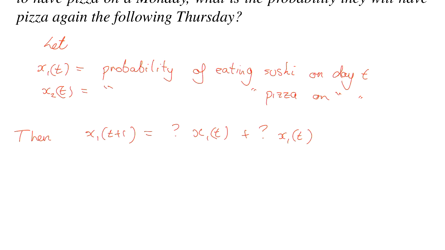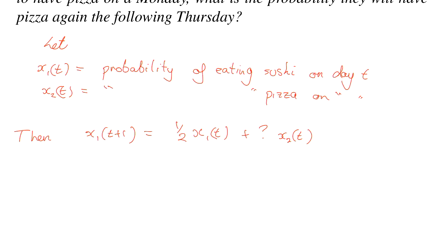Okay? So if I had sushi on day t, what's the probability of having sushi again on day t+1? A half. And if I had, sorry, that shouldn't be a 1, that should be a 2. If I had pizza on day t, what's the probability of having sushi on the next day? 1, right?